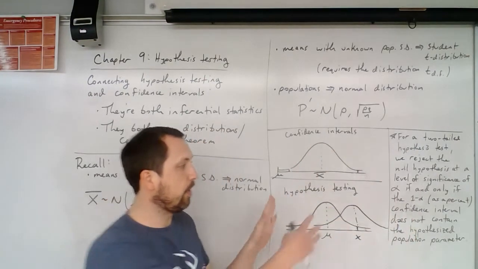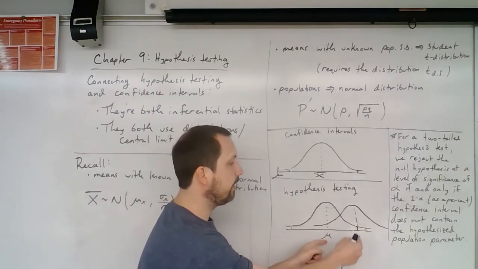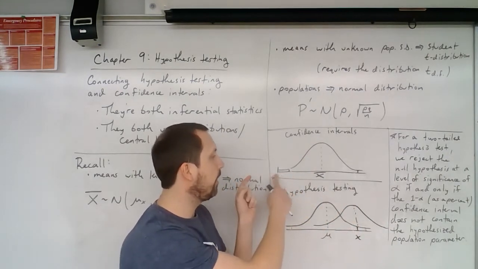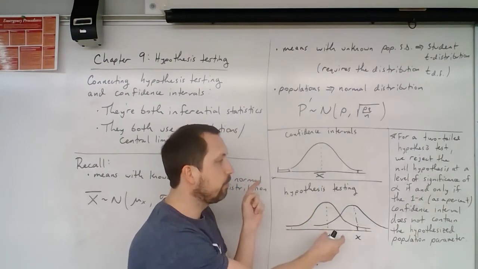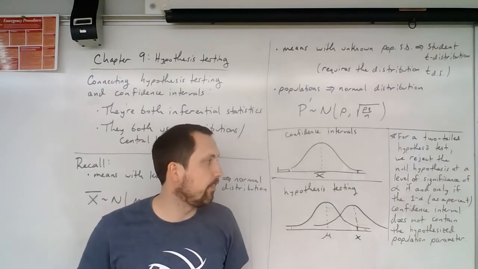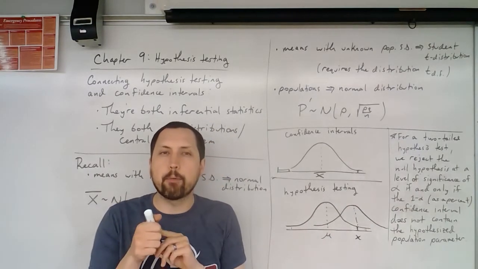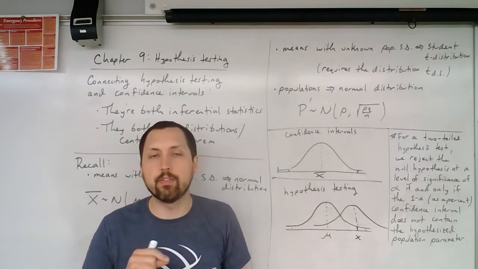So what I visualized here is that if these two are really close, then indeed we're not going to be rejecting the null hypothesis, and this population parameter is going to be within the confidence interval at this level of significance as well as that given confidence level. So that percent is indeed the same with both of these.